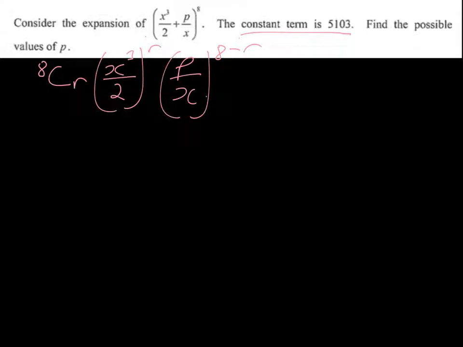You don't have to do this, but I think it helps. So I'm just going to look at the x terms. In the first instance here, we've got x cubed.